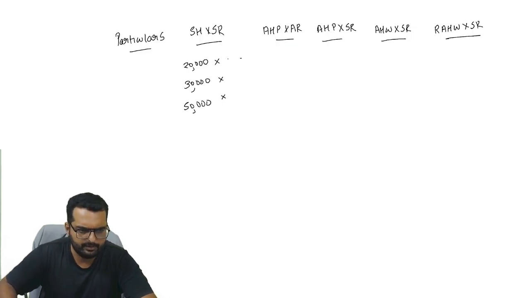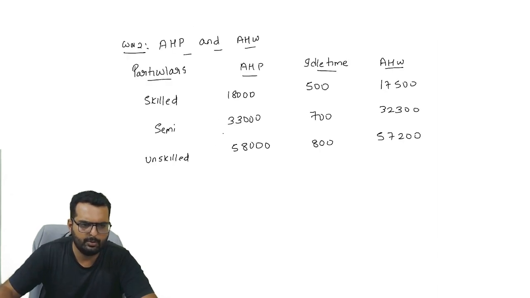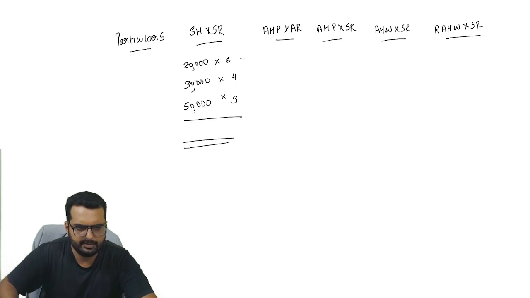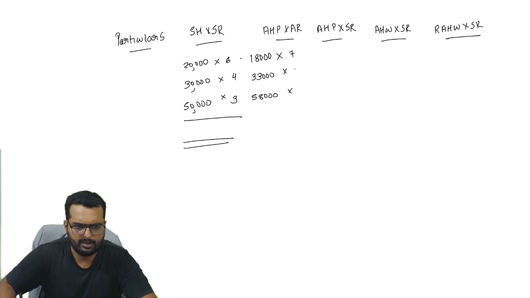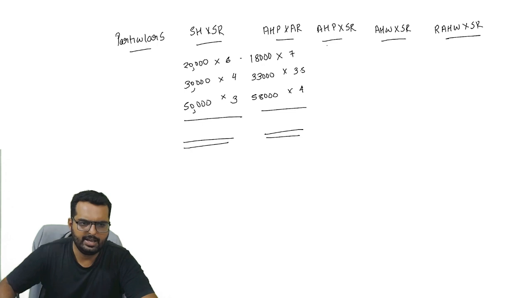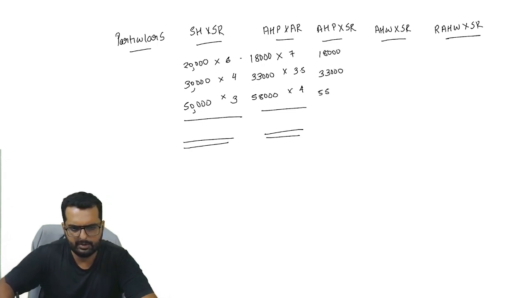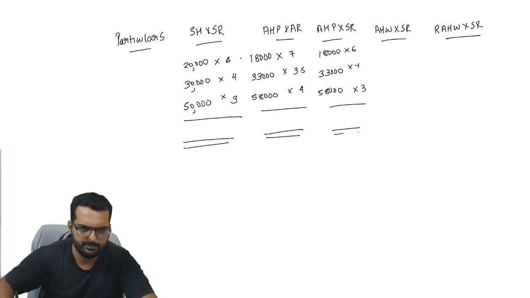SR is turning out to be how much, friends? It's 6, 4, 3. AHP is going to be 18,000, 33,000, 58,000, into what about the actual rate? 7, 3.5, and 4. AHP again will be 18,000, 33,000, 58,000 into 6, into 4, into 3.